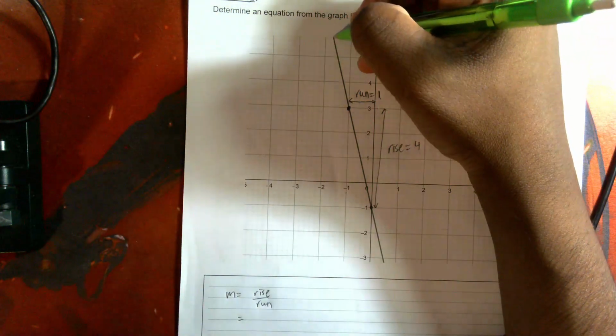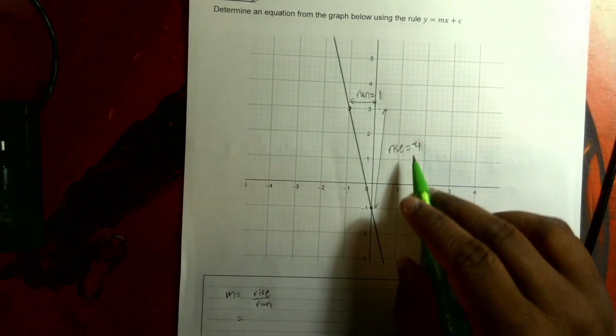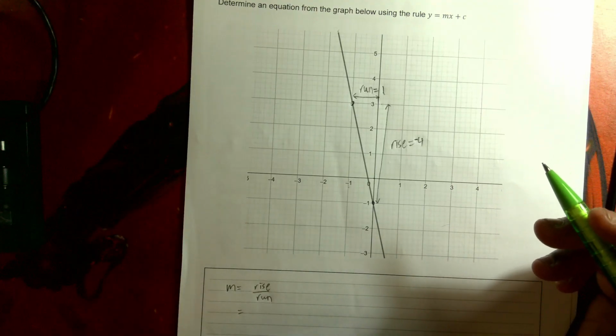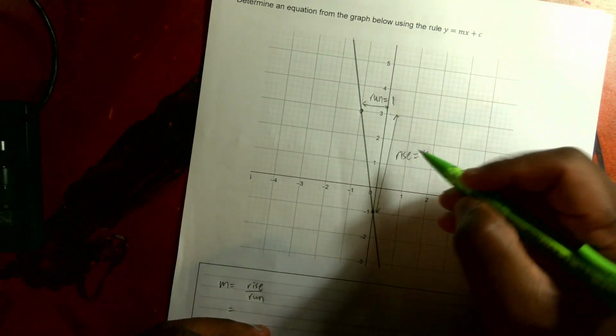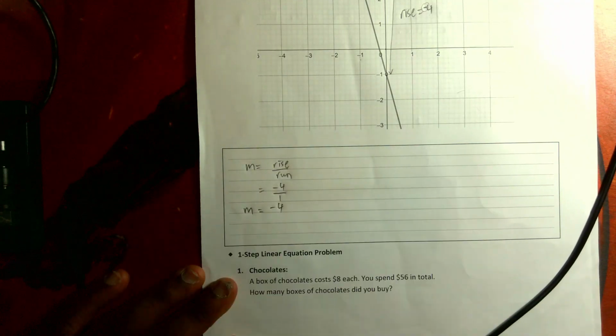Now this graph is falling, so we're going to have a negative gradient, so a negative rise. I'm going to put a negative with my 4 because we're not rising, we're falling. So rise is -4, run is 1, m equals -4.